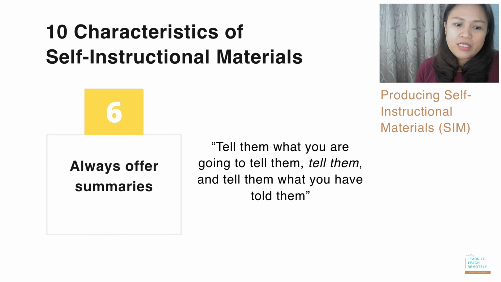Number six is always offer summaries. We have what we call: tell them what you are going to tell them, and then tell them what you have told them. So since SIMs have a concluding section, it doesn't have to be a paragraph. It can be a diagram, it can just be a list, or other forms of memory aid.